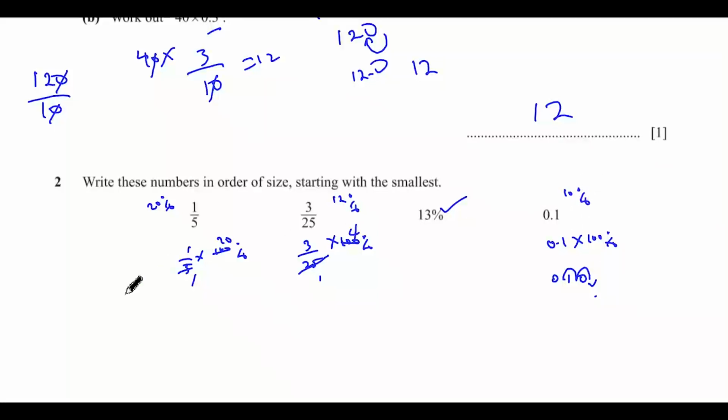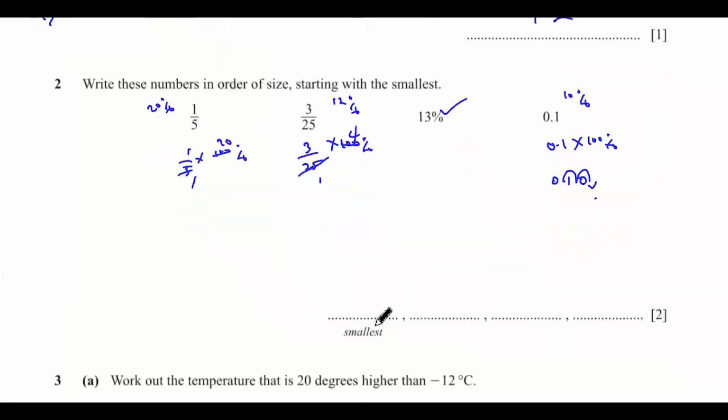Since the four numbers are expressed as percentages now, it is easy to get the smallest one and the largest one. Following this now, 10% is the smallest. That will be 0.1. So let's scroll up a little bit here so I can write 0.1 here.